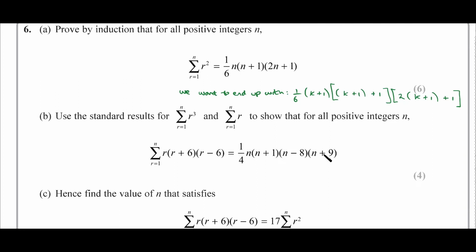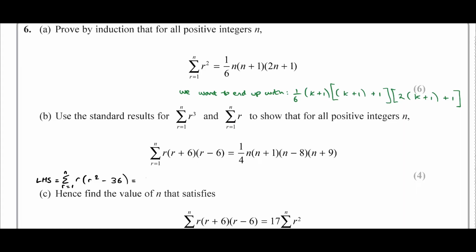Well, to do this question, this thing on the left hand side is equal to the sum from r equals 1 to r equals n of r lots of r squared minus 36.